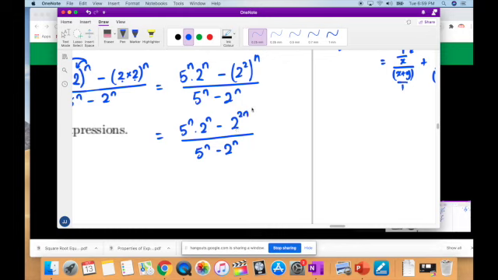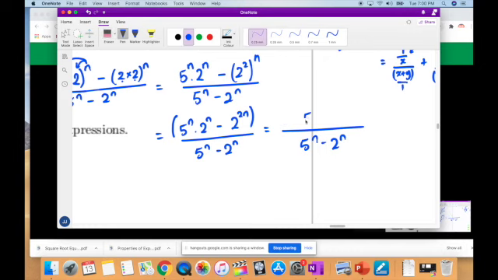What if I take this denominator and I pull out 2 to the n from it? If I had 2 to the n on the outside, I'll keep my denominator the same way: 5 to the n minus 2 to the n. And what I want to do is not pull out 2 to the n on the outside. No, I'm not doing that.